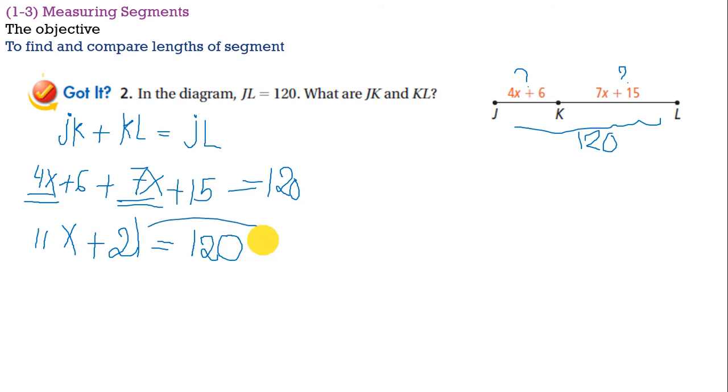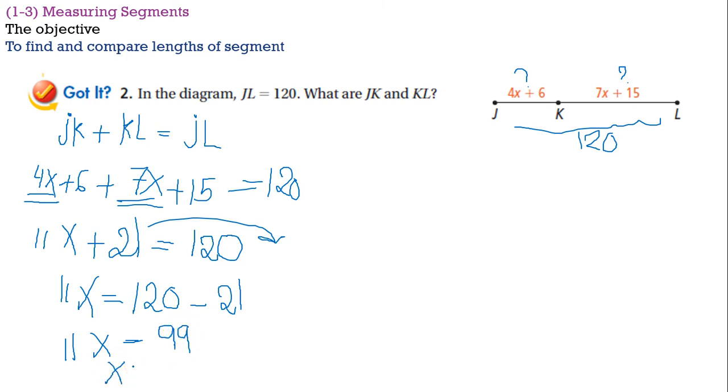Just move this one to the other side by the opposite operation. So 11x equals 120 minus 21. Do your calculation to get the result, which is 99.